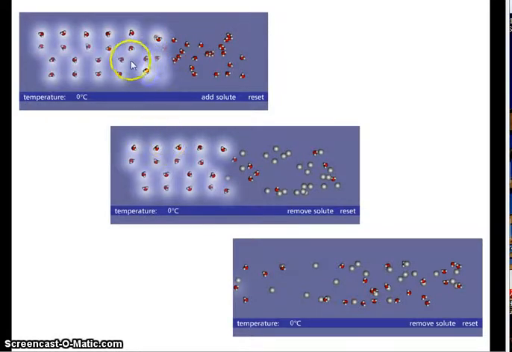Now, this dynamic equilibrium exists for pure water at 0 degrees Celsius. However, when you add a solute, and the solute can be anything, say sodium chloride or table salt, then things change. And it's still at 0 degrees centigrade.